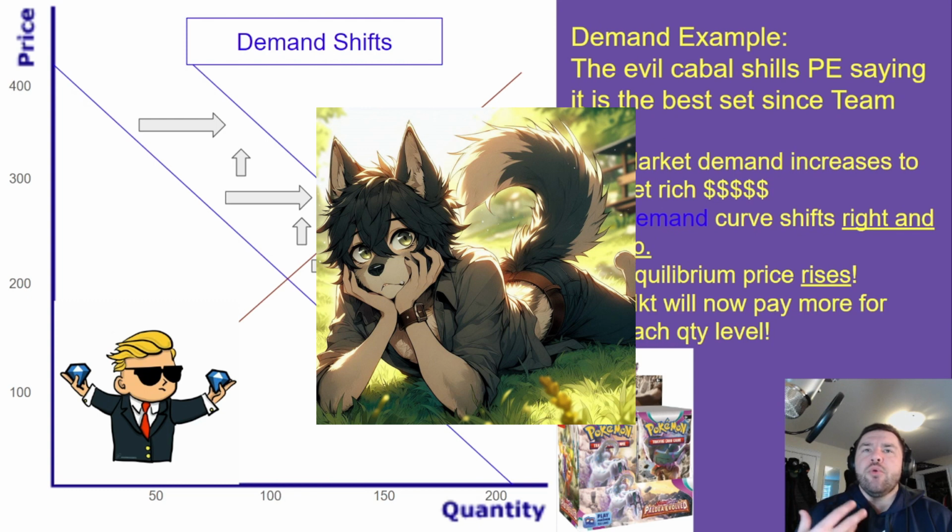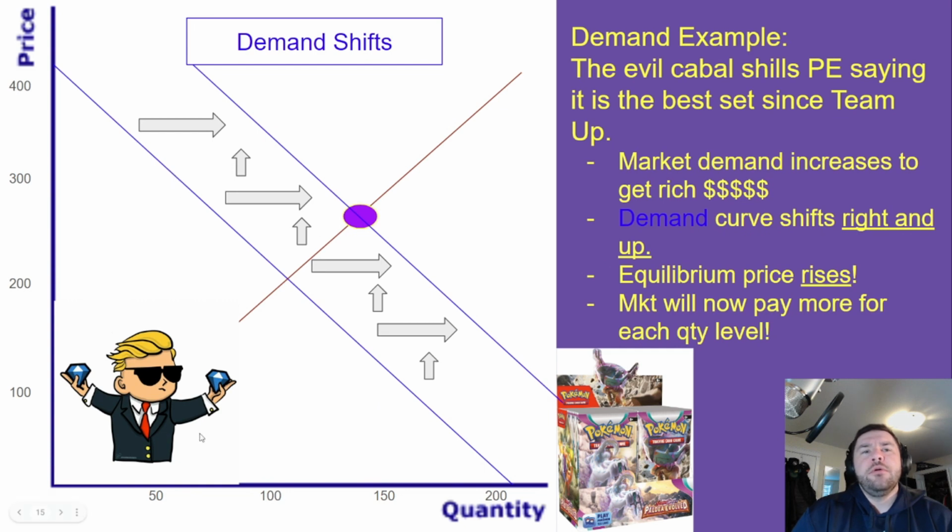But you see, once that starts getting pumped, demand's increasing. But demand can't move this way, right? If demand is just increasing, that means we're selling more, but it can't follow this line. Surely, right? Because as these retailers and distributors keep selling their Paldea Evolved, they're not ratcheting the price down.